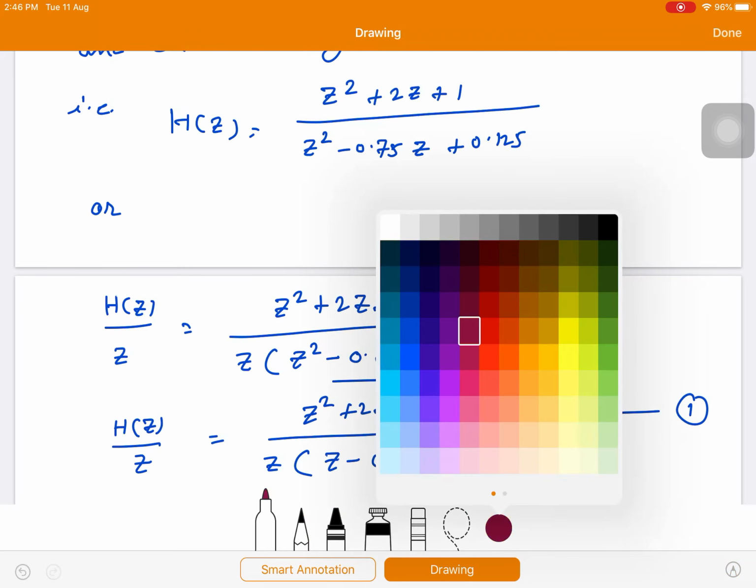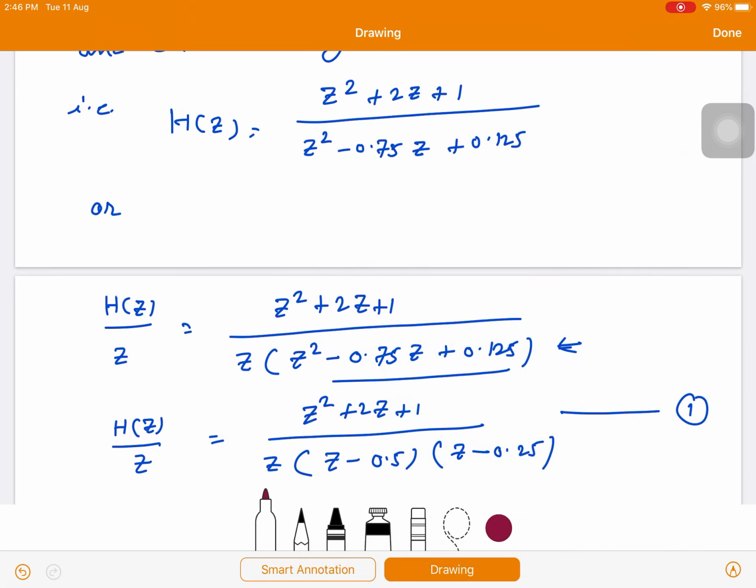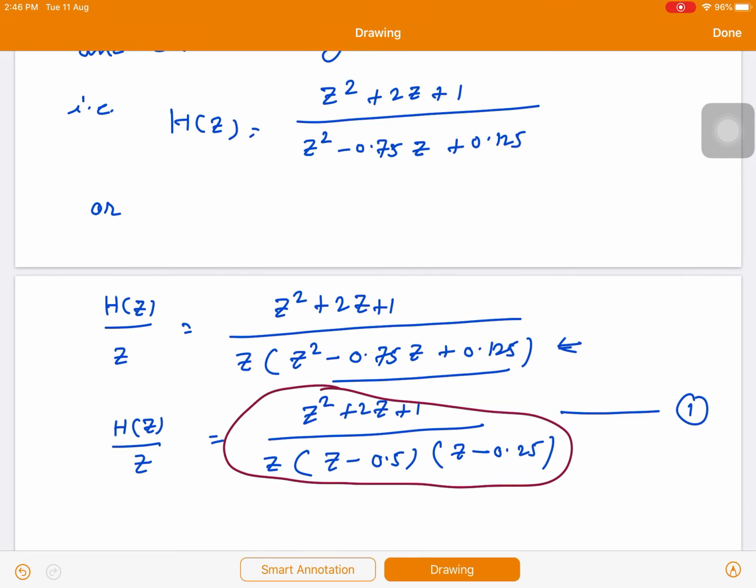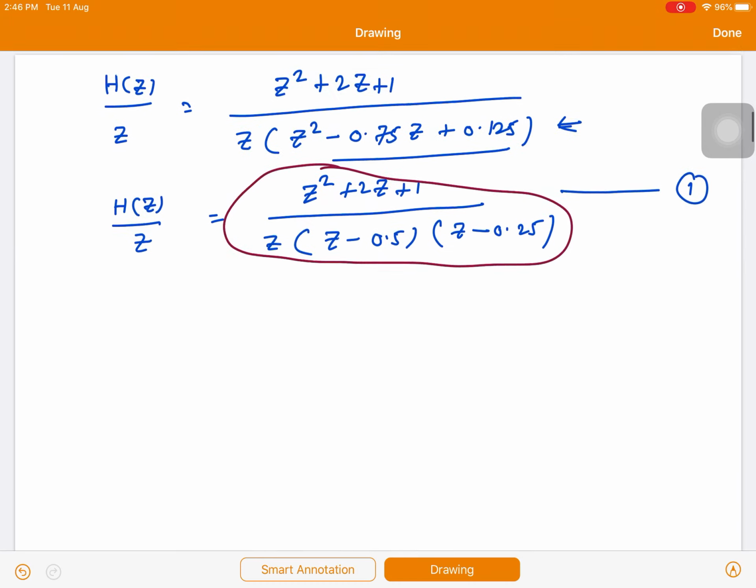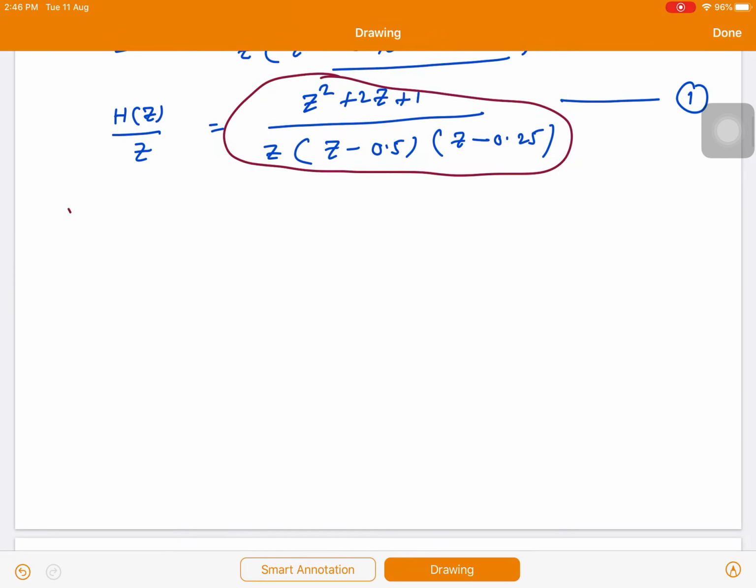Now we do the partial fraction of this function. Now we have z square plus 2z plus 1 divided by z, z minus 0.5, z minus 0.25.